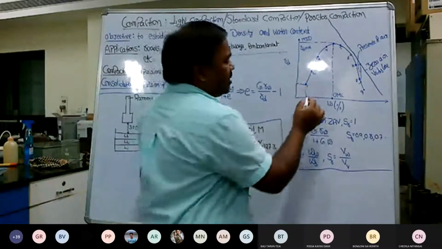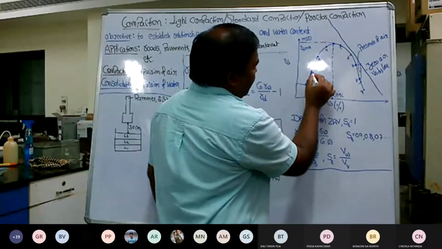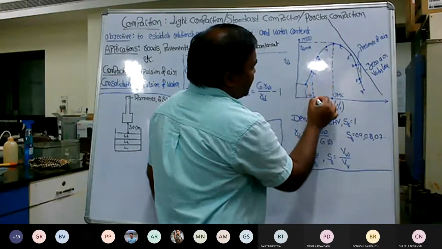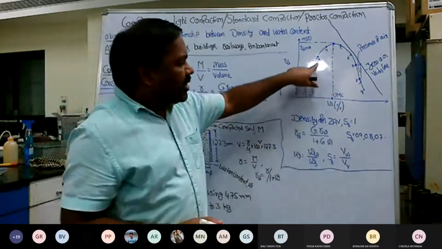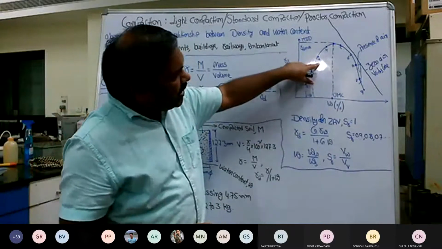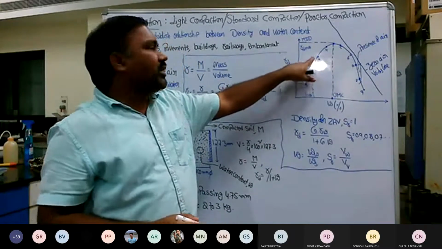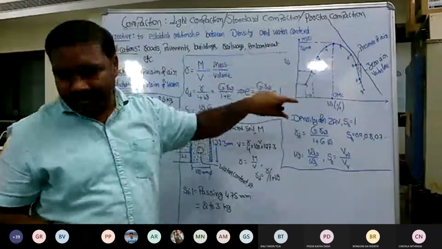Similarly, we increased the moisture content. As a result, there was improvement in the gamma D value. Then there is a further increment in the water content, and then a further improvement in the density.